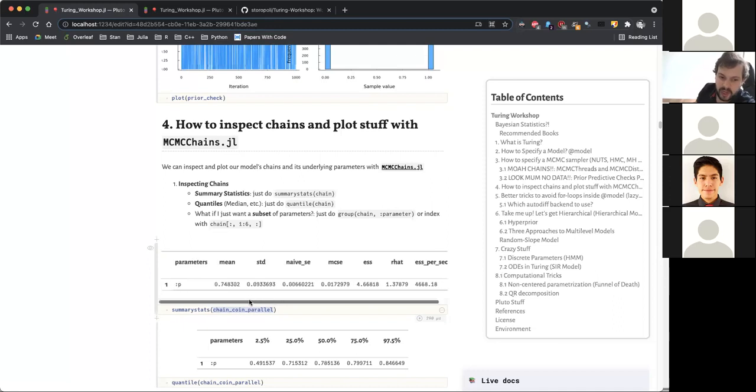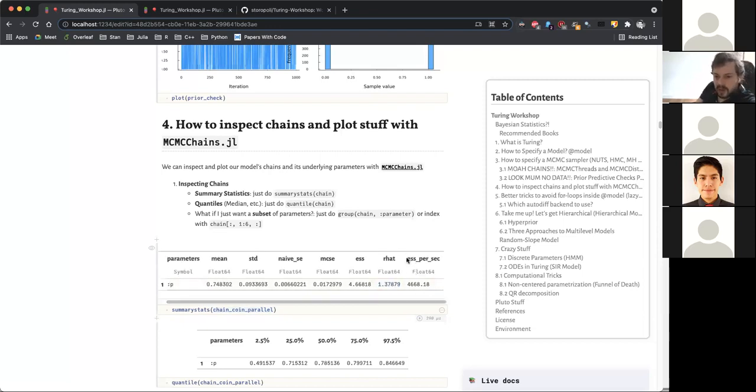That's a whole data frame. And you have the mean, standard deviation, naive standard error, Monte Carlo standard error, effective sample size, R-hat, and we also have effective sample size per second.